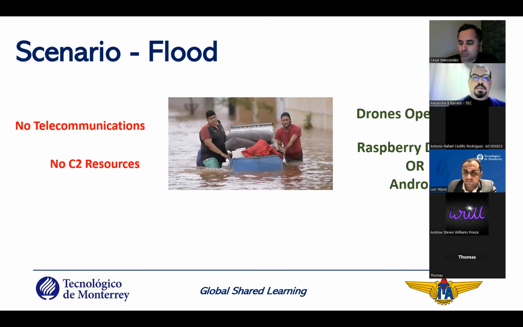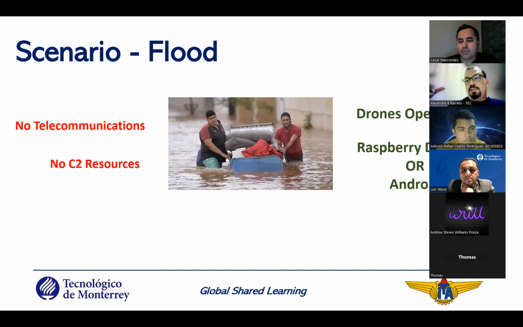The second thing, in the beginning of the big problems, is that you don't have any command and control resource. You don't have the means to help the people in the situation. After 1 week, after the increase of the problem, the Air Force, Army, and others go to the place and create an infrastructure to support the operation.